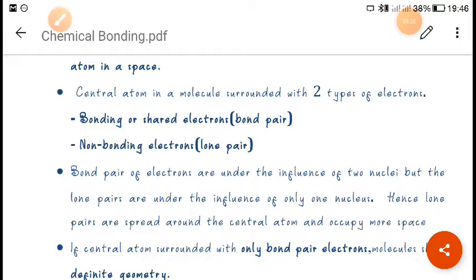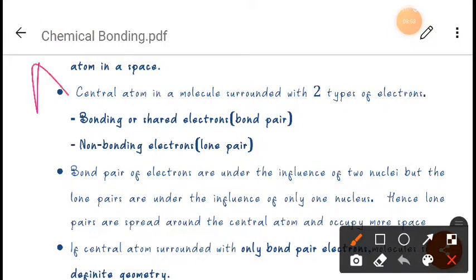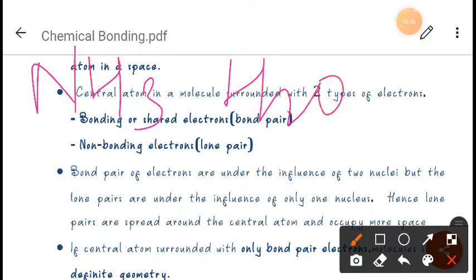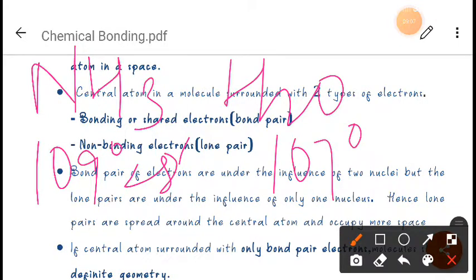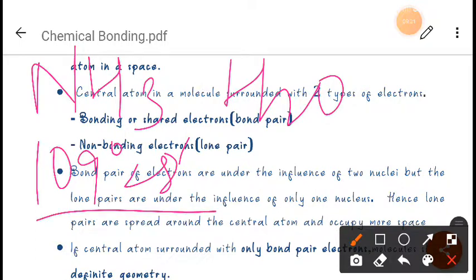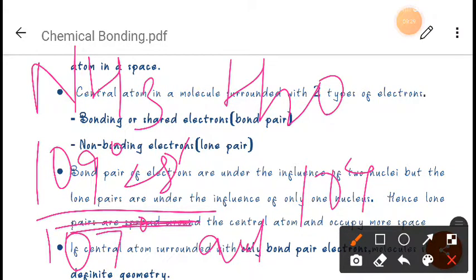So for example, if we are taking the example of NH3 and H2O, we will see that the bond angles are not 109 degree 28 minute, but are 107 degree for NH3, and for water 104.5 degree, respectively.